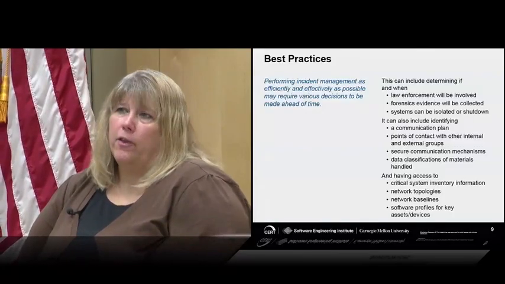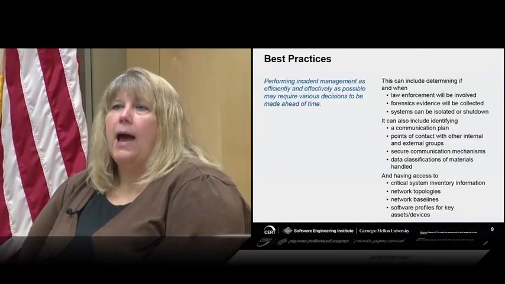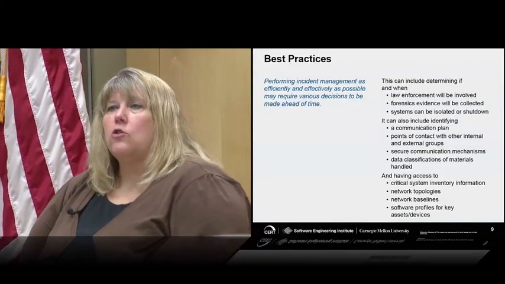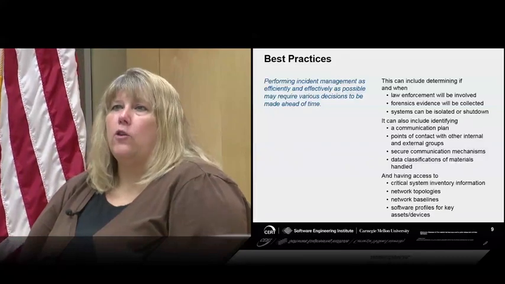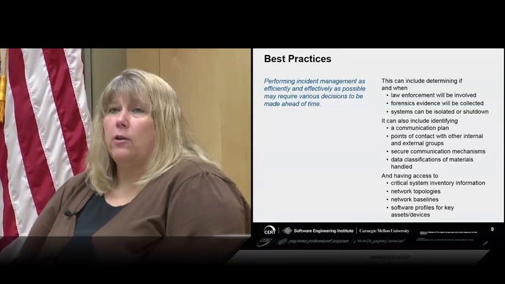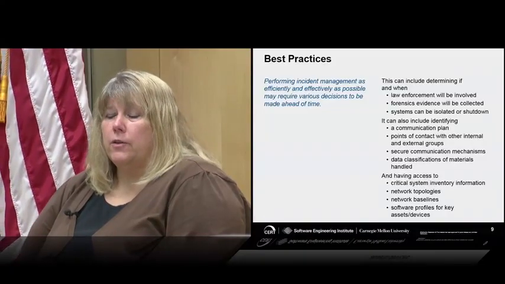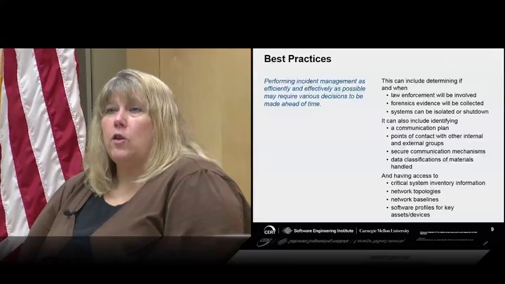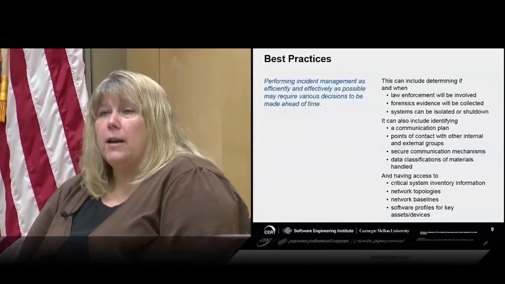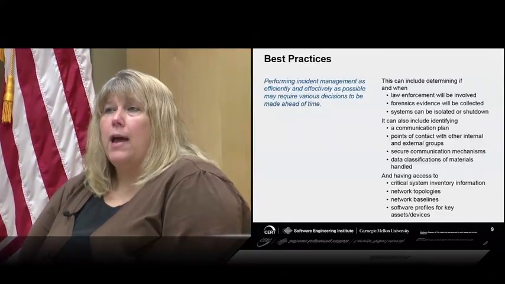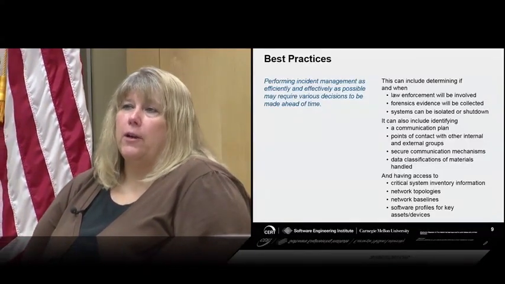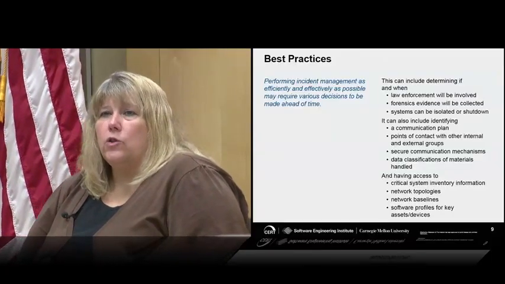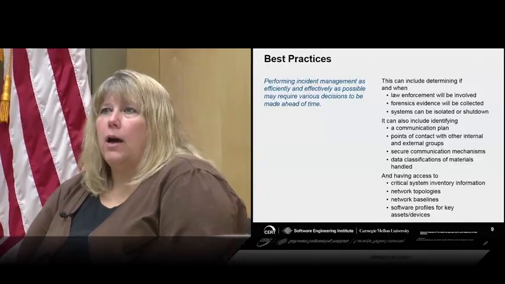We want to think about those decisions ahead of time and have guidance for how they should be handled, so that you're not trying to figure it all out in the middle of a possibly critical incident where part of your organization's systems are down and not running, and personal data may have been released. In the middle of handling that incident, you don't want to be figuring out who you go to and what you should do.